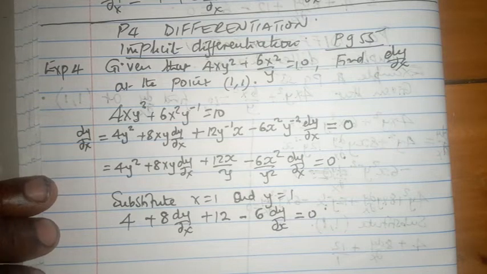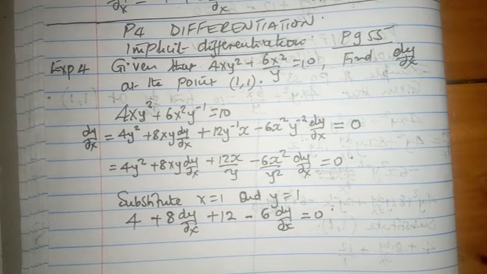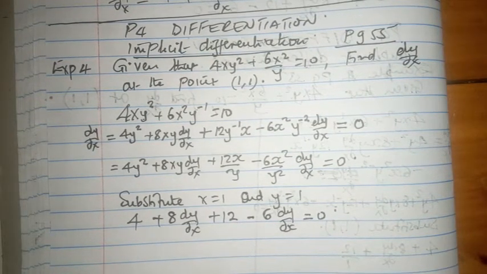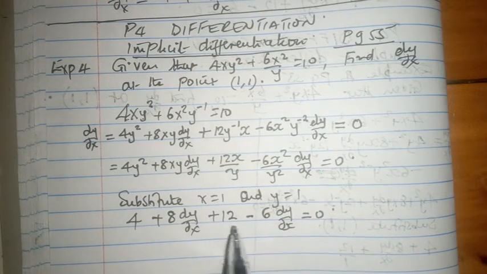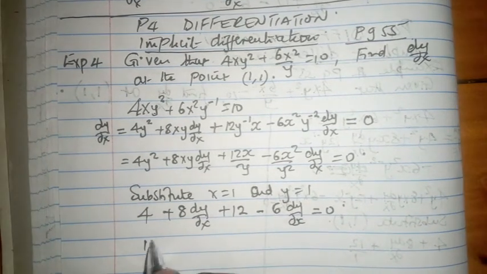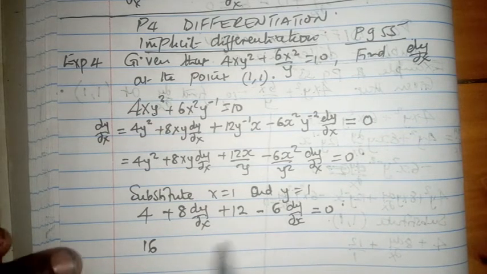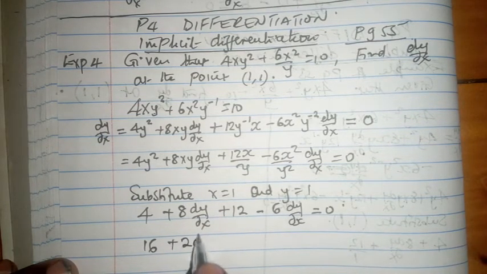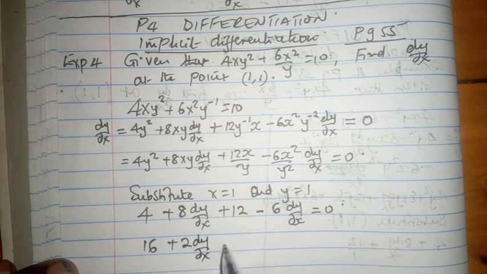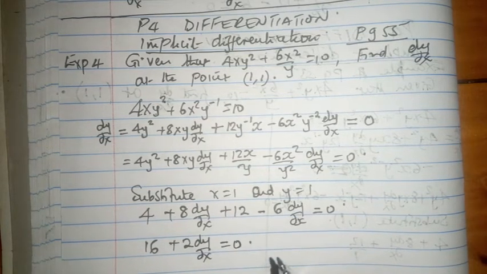One thing we must remember is that 4 plus 12 is 16, and 8 dy/dx minus 6 dy/dx is 2 dy/dx, which is equal to 0.